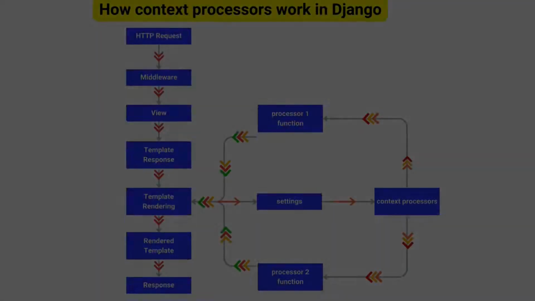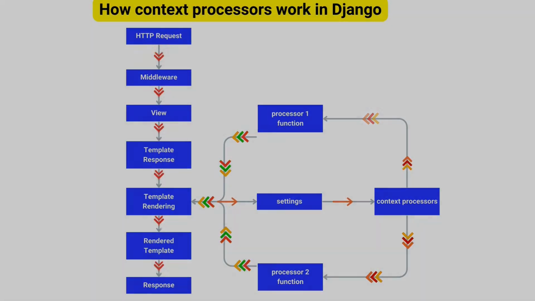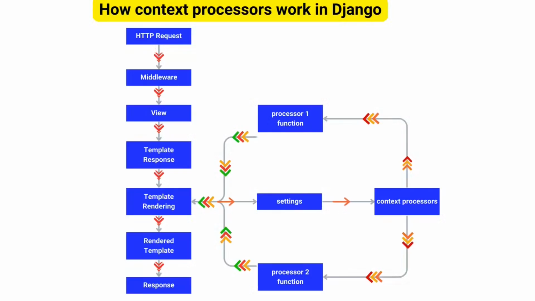Without context processors, you will need to include the code to fetch this information in every view, making your code base repetitive and hard to maintain. By using context processors instead, you can define the code to fetch this information in one place and make it available to all templates without having to repeat yourself.